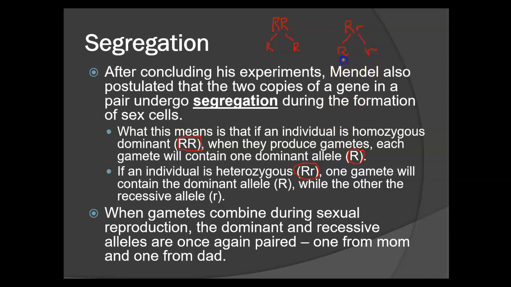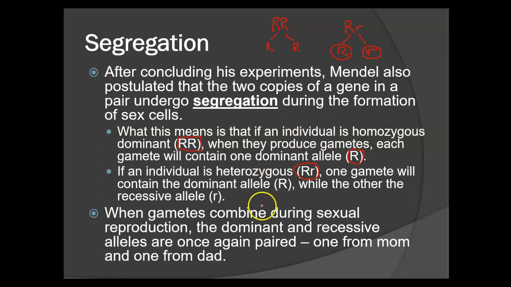And you can get some gametes that have the big R allele and some gametes that have the little r allele. So this idea of segregation means that when we actually start to work with a Punnett square in the next concept, we'll be separating these out, assuming that segregation takes place, and that we're going to have individuals that have only big R gametes and individuals that could have a big R or a little r gamete that is being put forward.